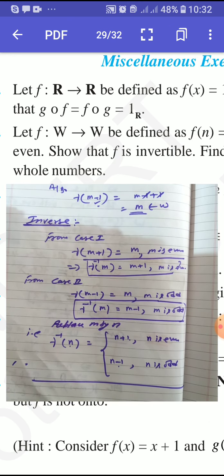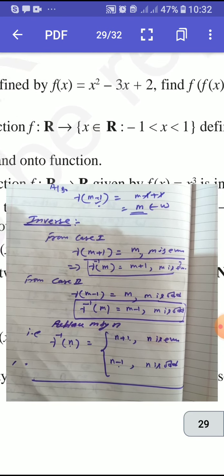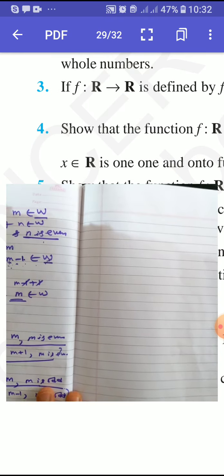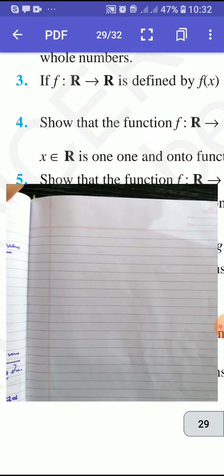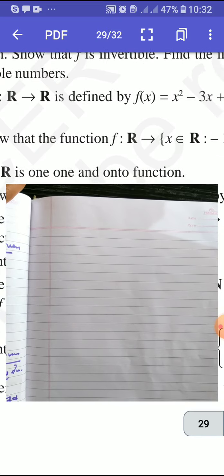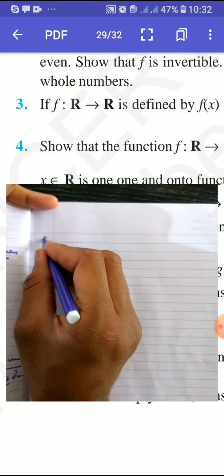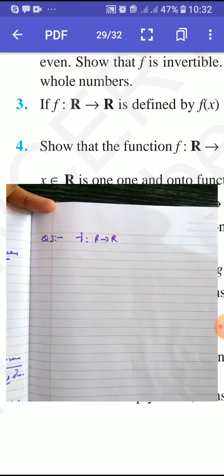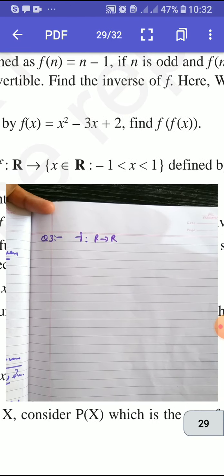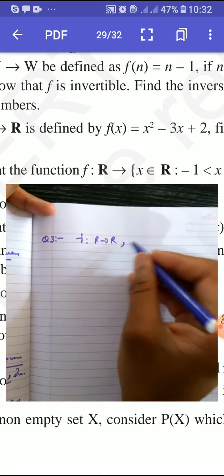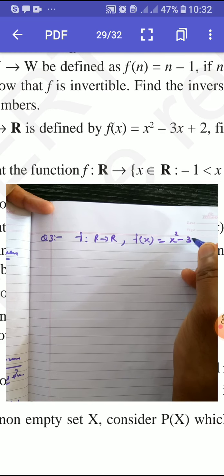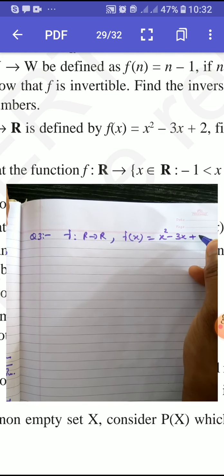Now come to the next question. Okay. Question number third. In question number third, f from R to R defined by f of x equal to x square minus 3x plus 2.